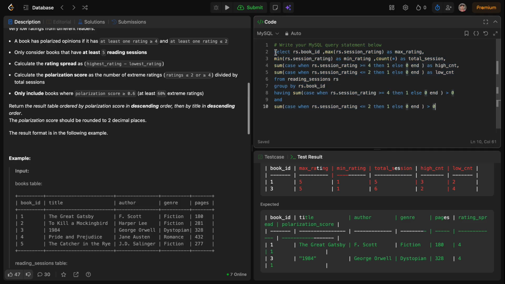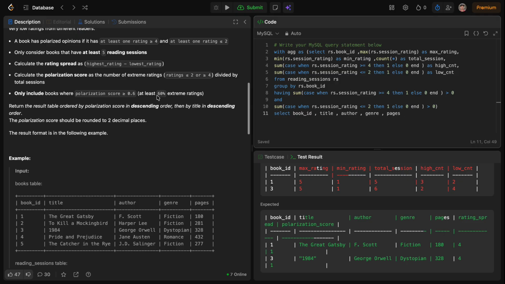So now make this a temporary table: with aggregate as, and I name this table agg. Now we extract the required output: book ID, title, author, genre, pages, and the rating spread, which is the highest rating minus the lowest rating.